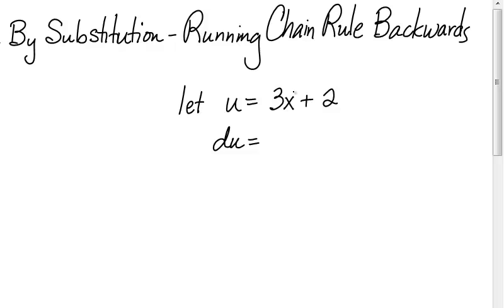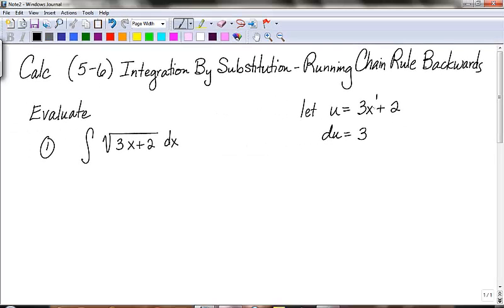On this part, you're taking the derivative: take 1 times the number in front, depress that exponent by 1, so that's x to the 0. And the derivative of 2 is 0. So du is 3 times dx, or 3 with respect to x, I guess I should say it that way.